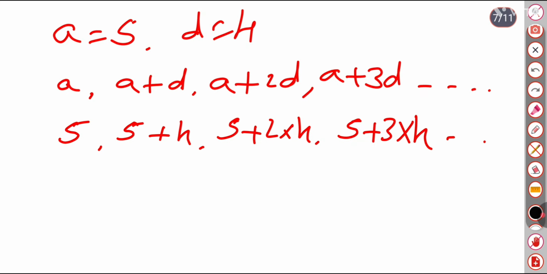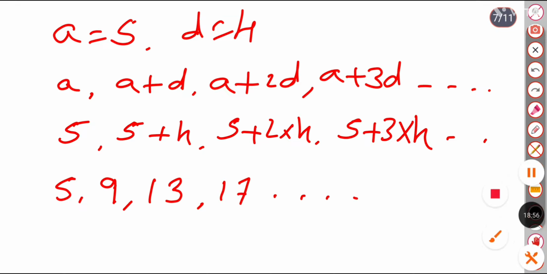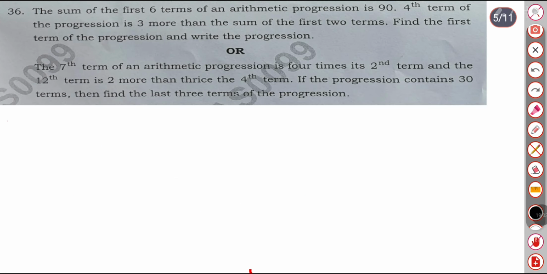So 5 plus 4 is 9, and 13, 12 plus 5 is 17. These are the terms of the AP.